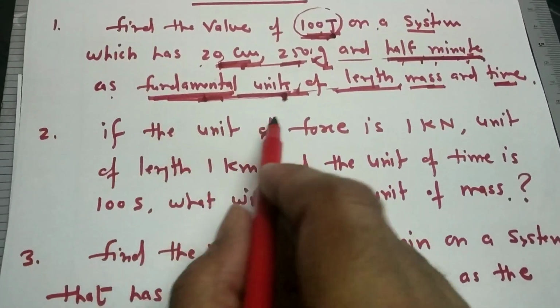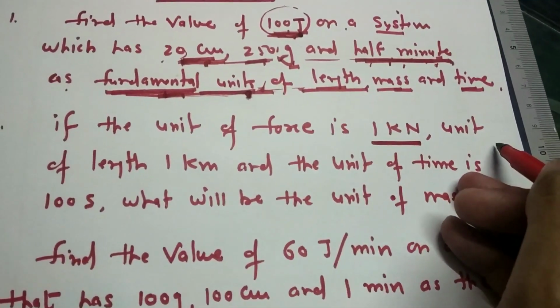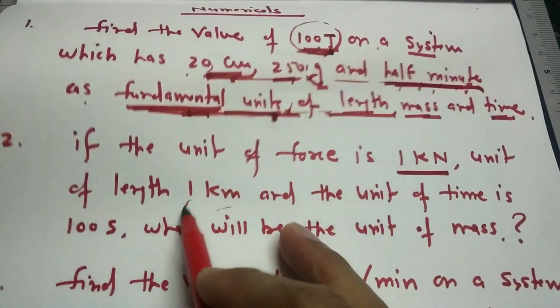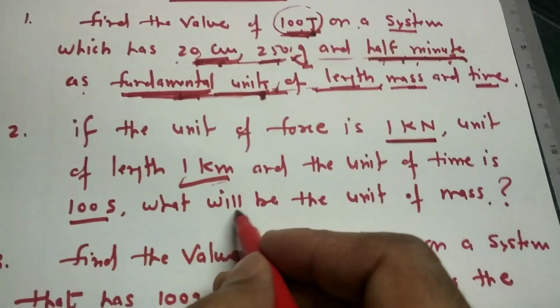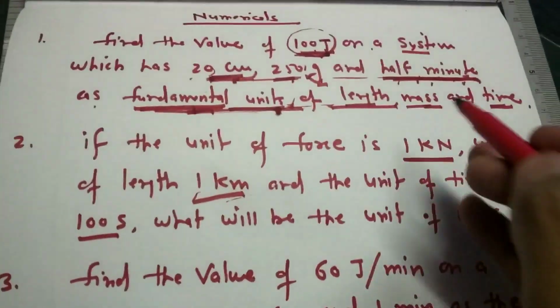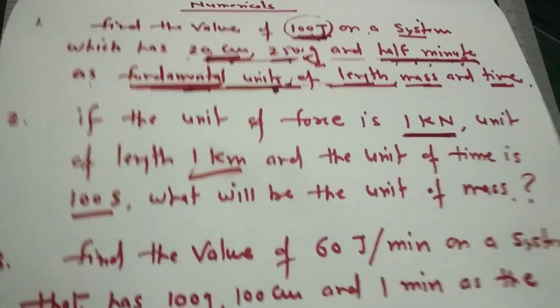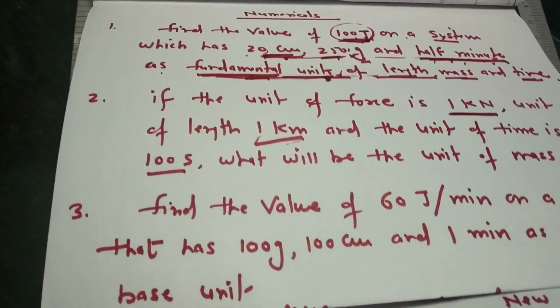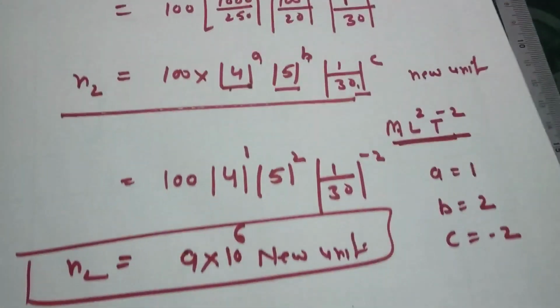Second: if the unit of force is 1 kilonewton, unit of length is 1 kilometer, and unit of time is 100 second, what will be the unit of mass? 1 kilonewton is not an MKS unit, not a CGS unit.